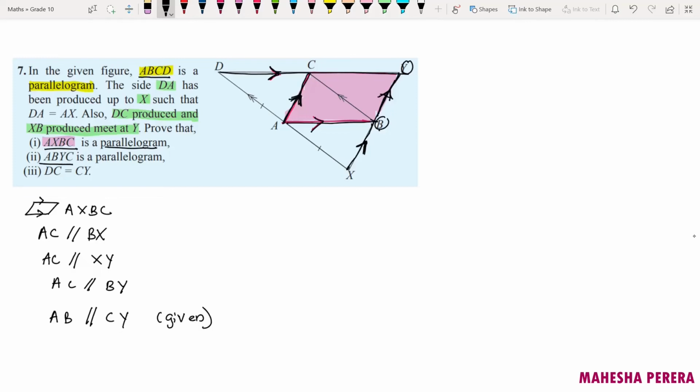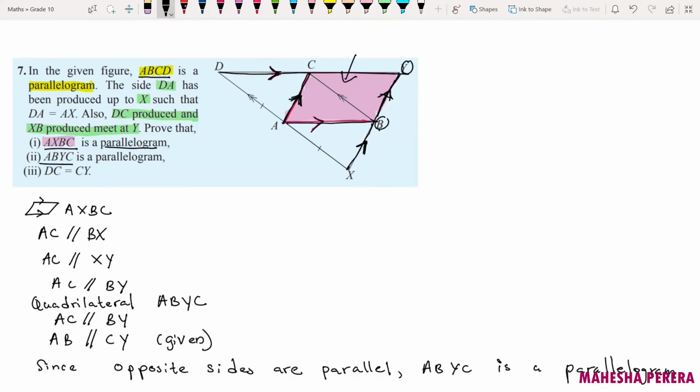Okay. So if you consider this quadrilateral, AC is parallel to BY and AB is parallel to CY. So this means opposite sides are parallel. So obviously this is a parallelogram. Let's write like this.